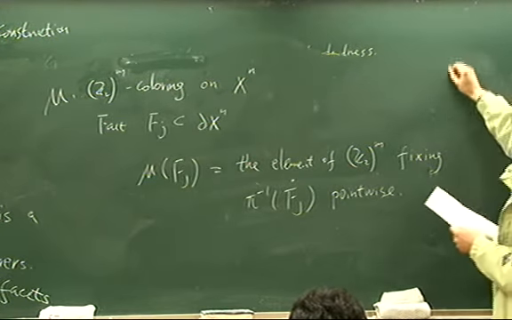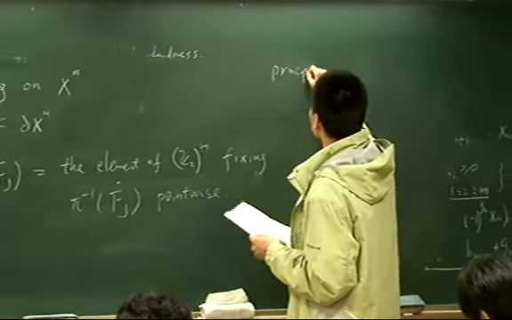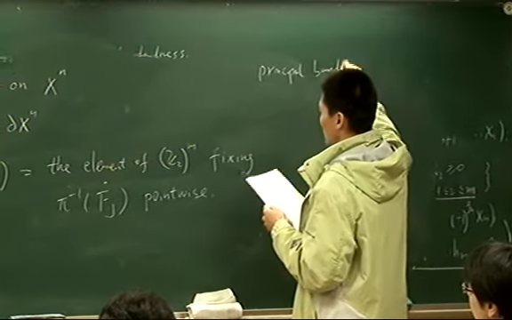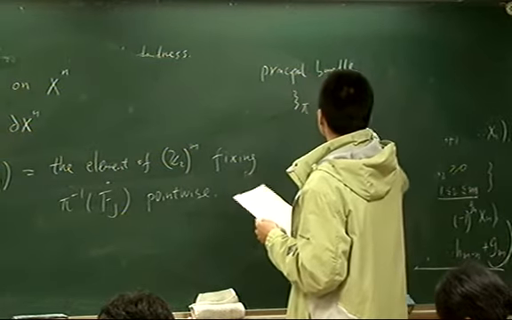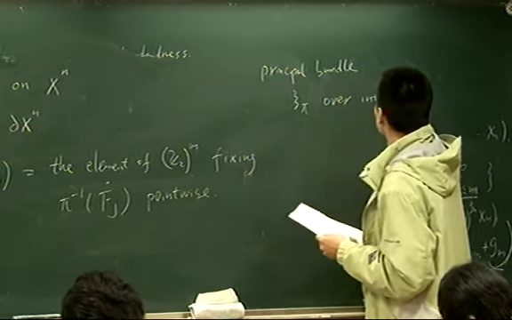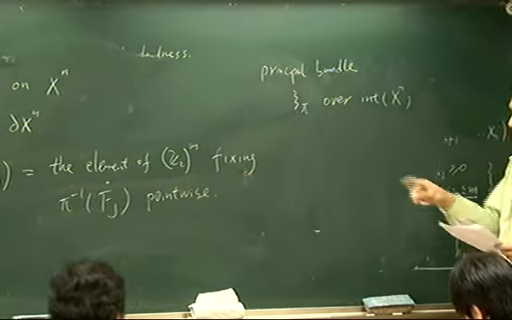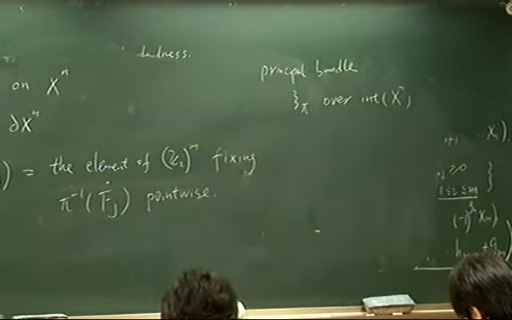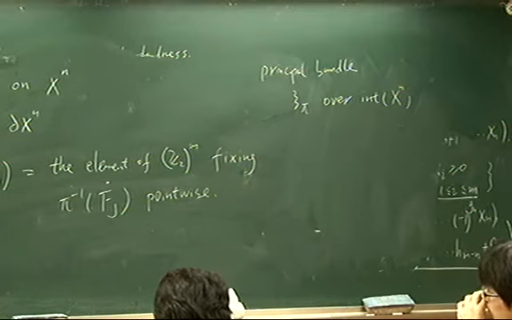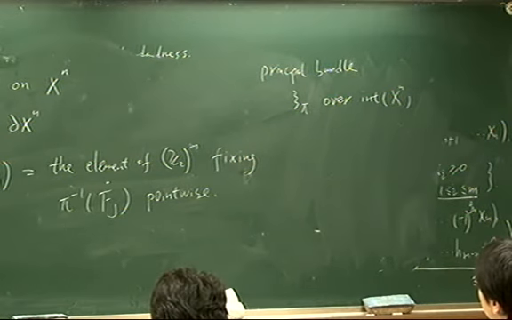And also we have a principal bundle over the interior of this orbit space, because the interior corresponds to free orbits.